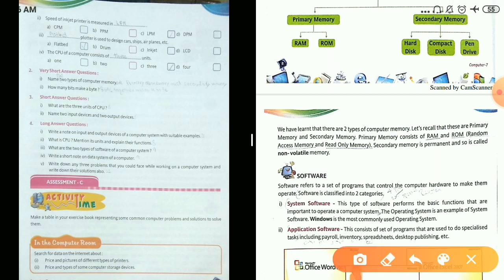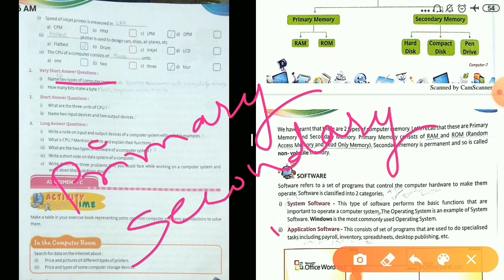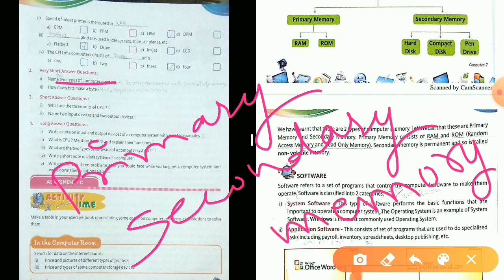The two types of computer memory are, you have to write down the two types of computer memory are, the answer is what? Primary memory as well as your secondary memory. Primary memory and your secondary memory, you can see over there also.